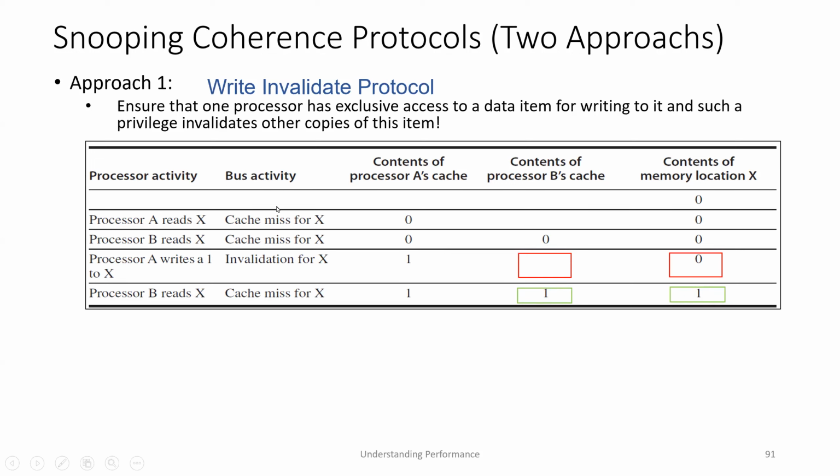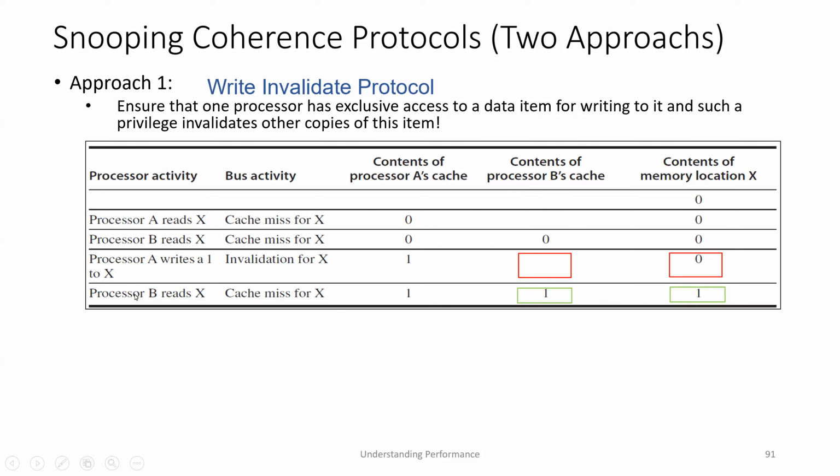What we see on the bus is that there is a miss for X. Then processor B is requesting X. It also sees a miss, and processor A writes 1 to X. Then the contents of processor B will be invalidated, okay? And the contents of the memory location also will be invalidated. That's why it is in a red box, right?